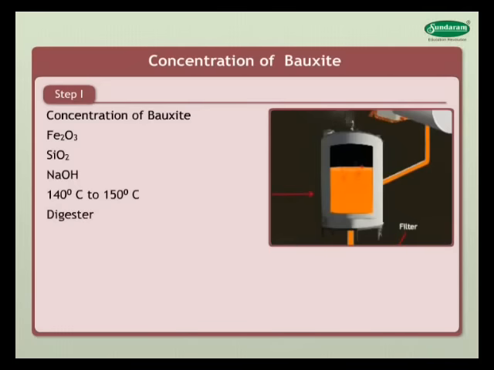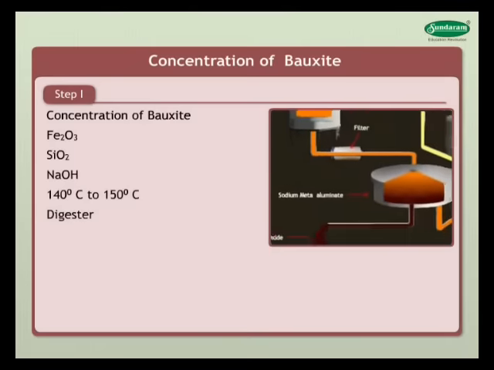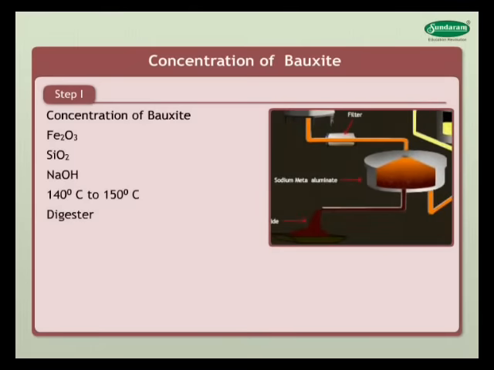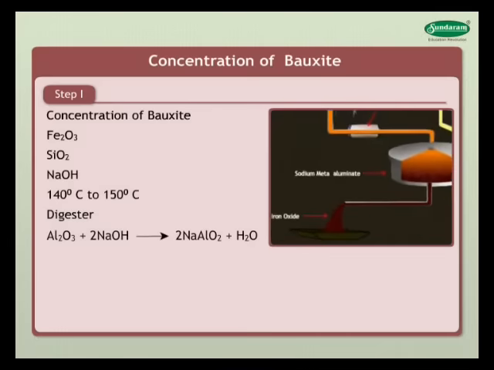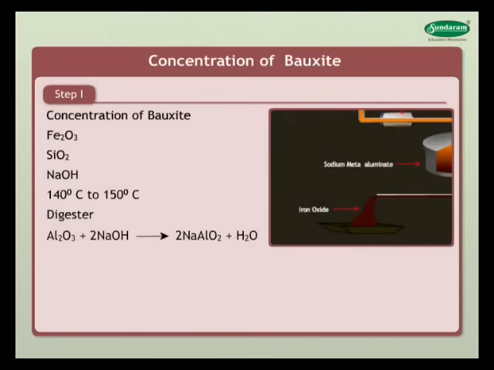Aluminium oxide, being amphoteric in nature, dissolves in aqueous sodium hydroxide to form water-soluble sodium aluminate. Al2O3 + 2NaOH gives 2NaAlO2 + H2O.